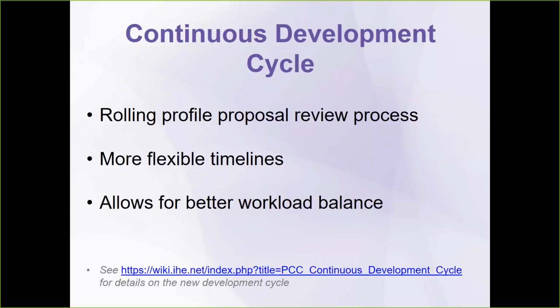This is also going to assist with potentially getting things out more quickly if they can be accelerated on faster timelines. For example, if you had a profile that was fairly simple, or maybe even just a white paper that you could work on and have realistically approved and then ready for public comment almost within the same face-to-face period, we could be a little bit more flexible now with this new development cycle.